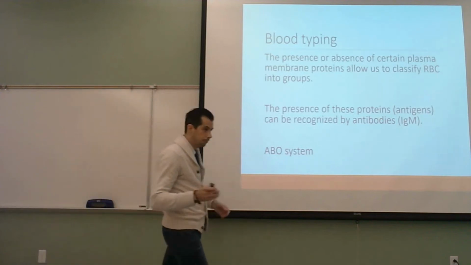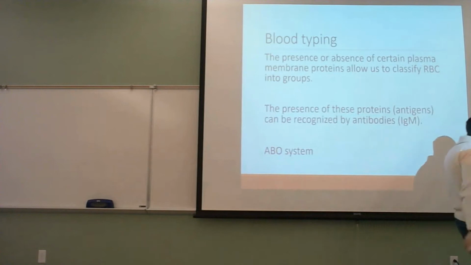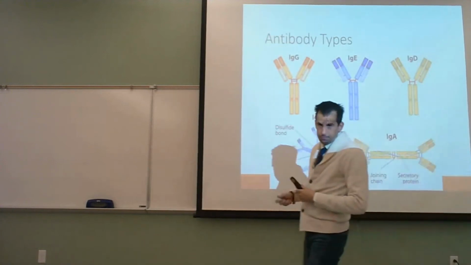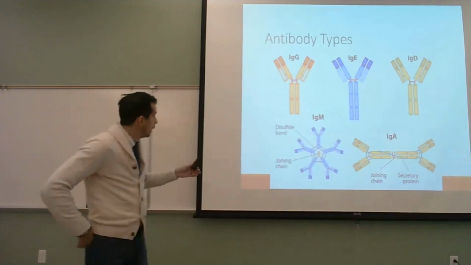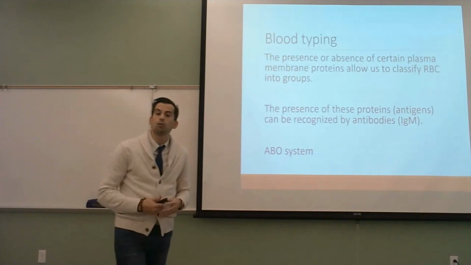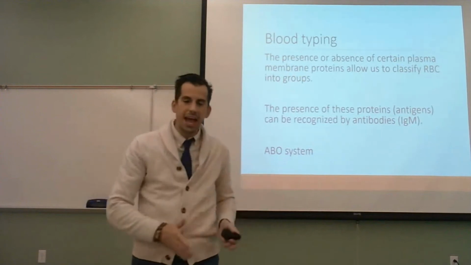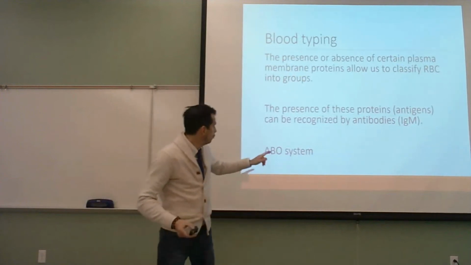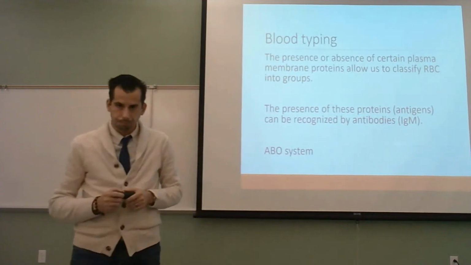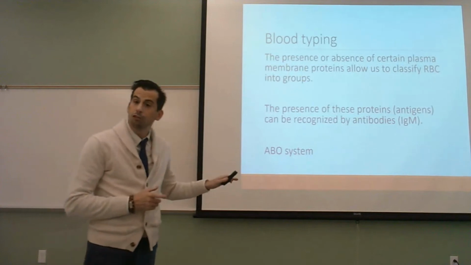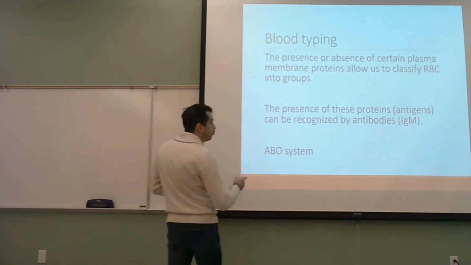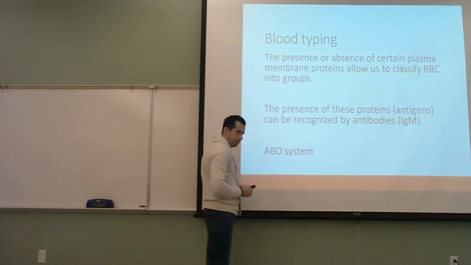If you're type B, that implies you have the type B protein on your red blood cell. Now, you can have a case where you have neither. Your particular red blood cells lack the A and lack the B, in which case we give it the O designation. You would be type O blood. But there are cases where you could have both antigens. Your red blood cells may have the A and the B, in which case your blood type would be AB.